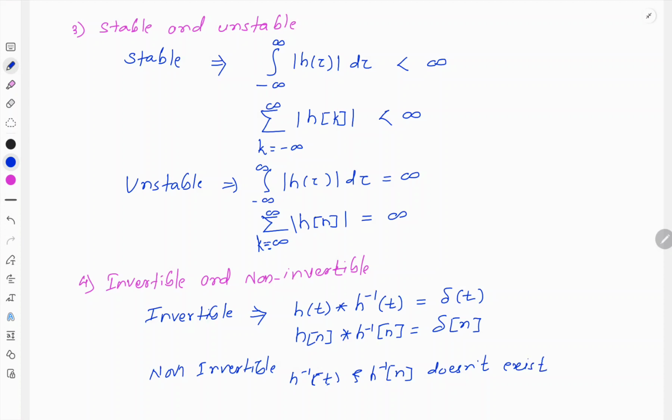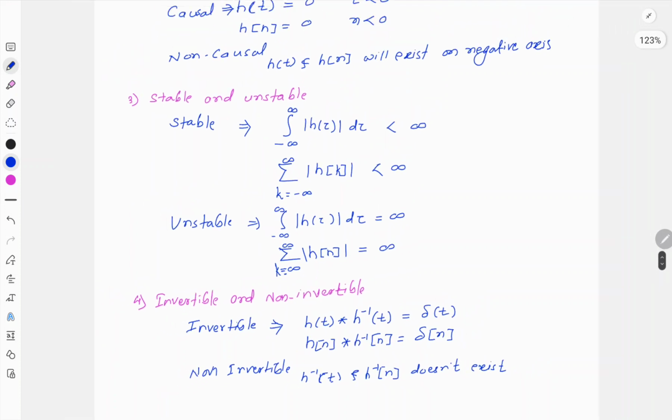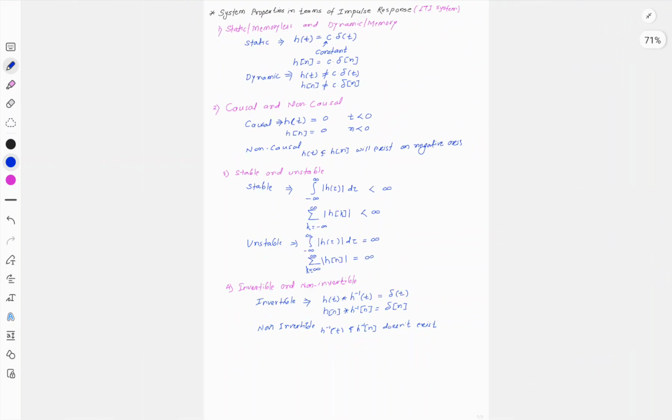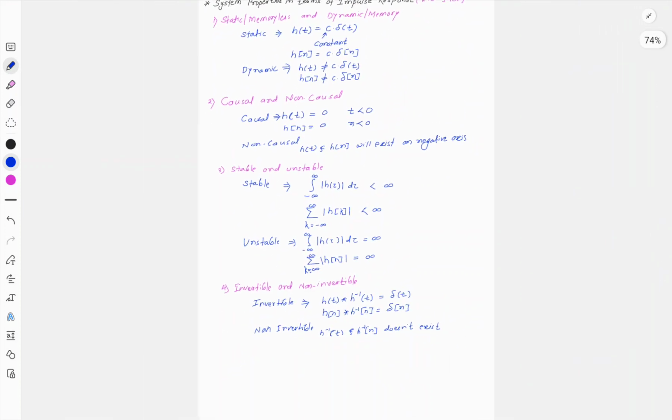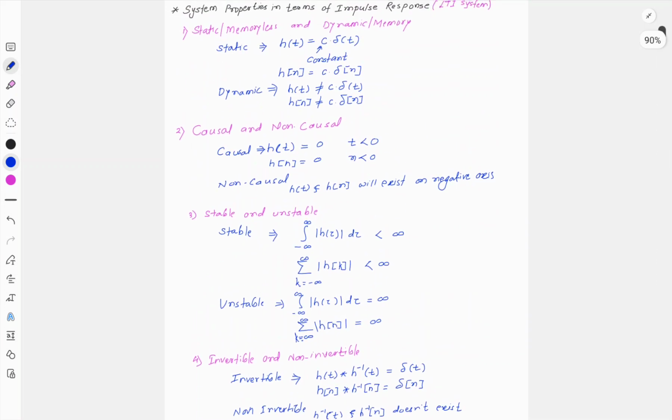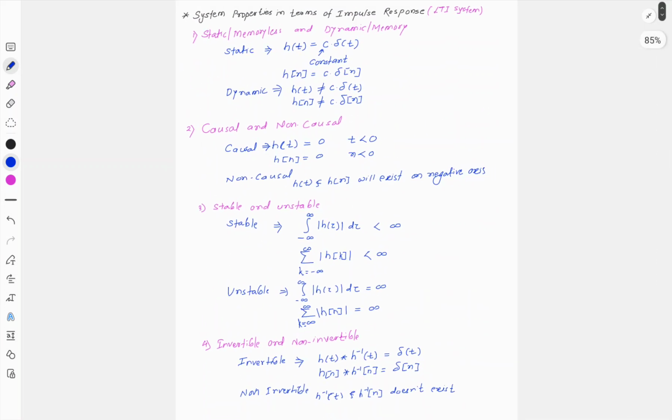So in this way we can classify our system in terms of impulse response. These four properties are to be obtained, and remember our system is already an LTI system, a linear time invariant system. We are going to classify this LTI system into these four classes provided the impulse response is available with us.